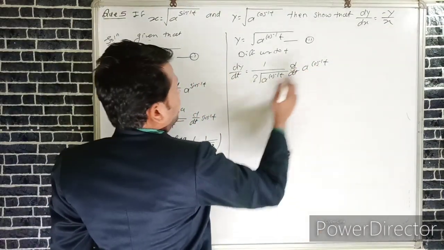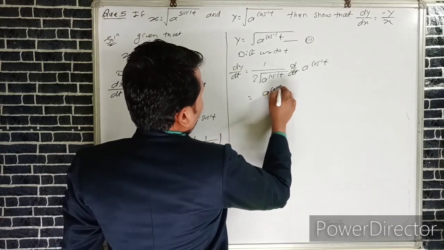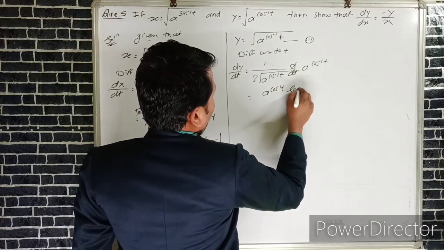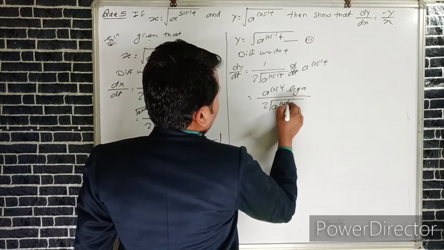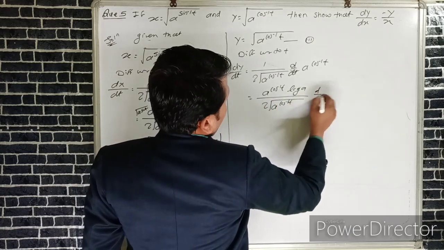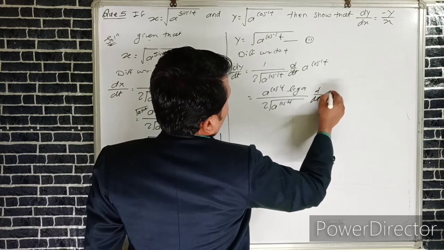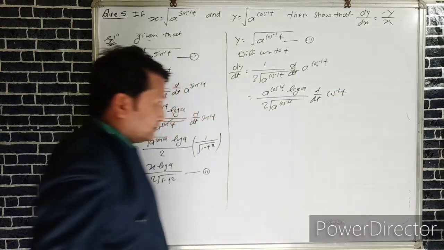We know that the derivative of a to the power cos inverse t is a to the power cos inverse t into log a upon 2 under root of a raised to the power cos inverse t as it is, and we take again the derivative of cos inverse t.